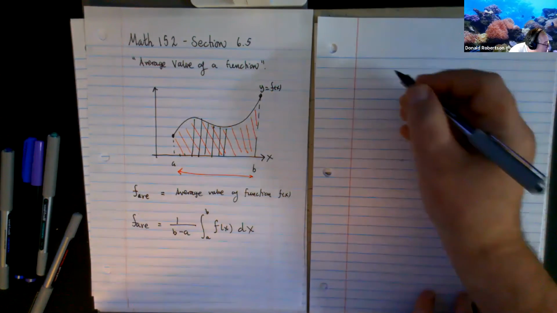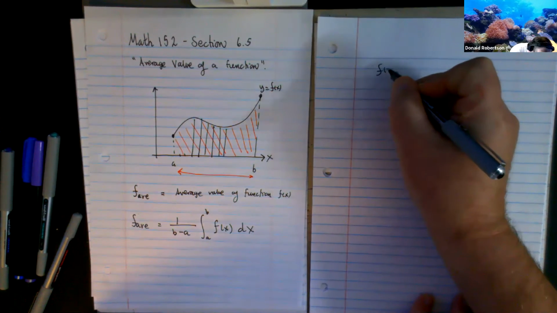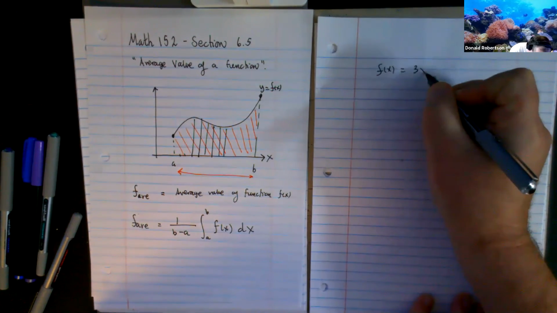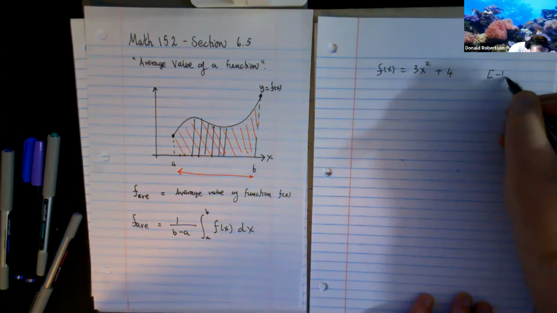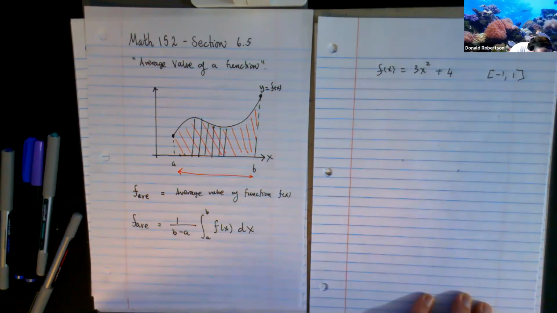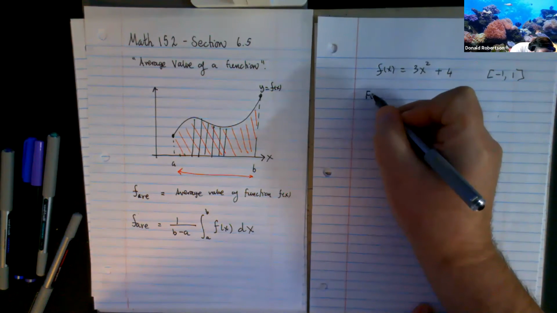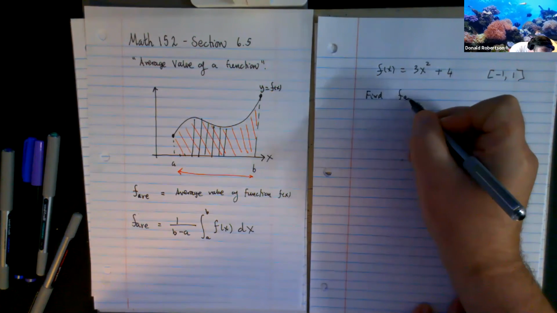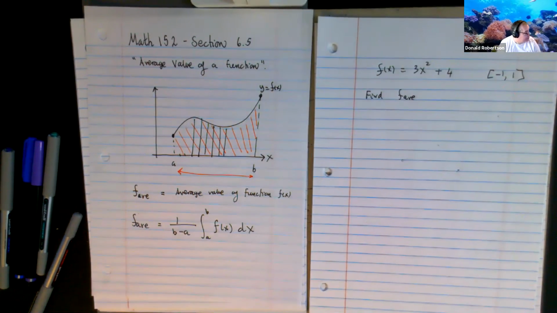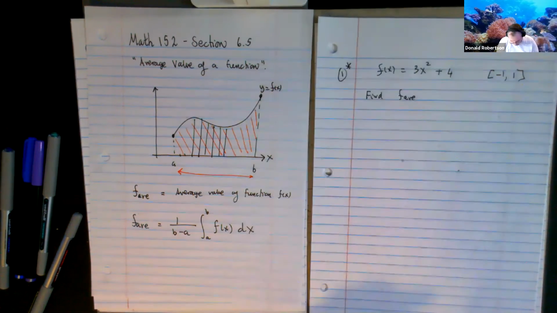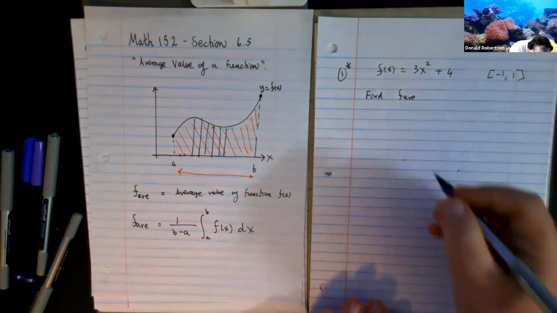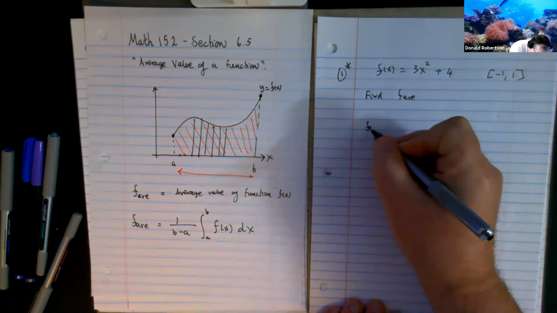So for example, suppose f of x is 3x squared plus 4, and the values of x go from -1 to 1. That's what that would be. Find the average value of the function. This is very similar to question 1. Well, here goes.